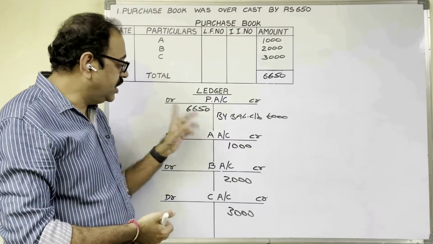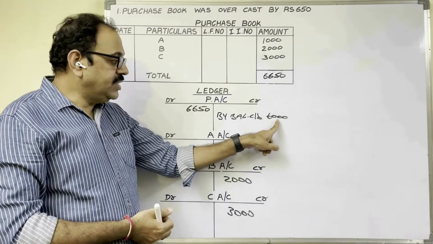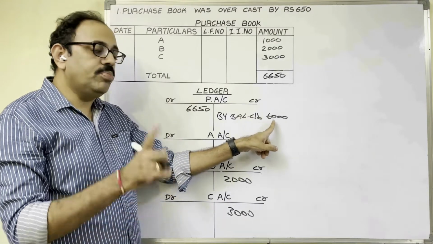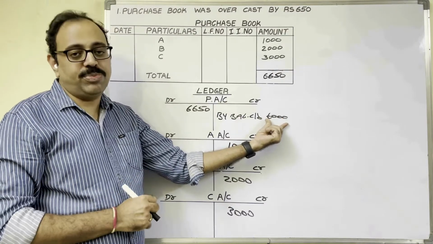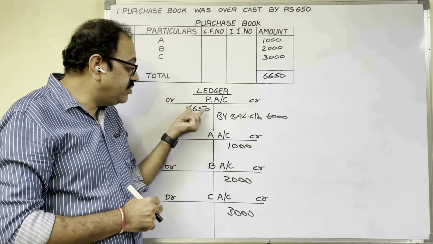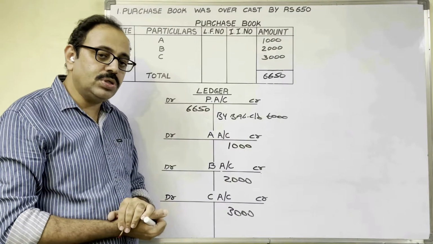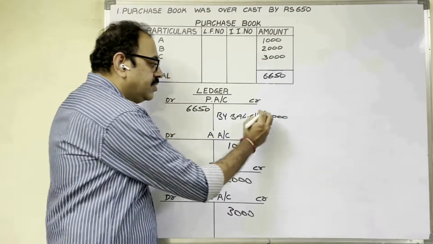First of all, see the amount. On the credit side, balance carried down should be 6,000. If we need 6,000 on the credit side as balance, then this is 650 rupees. We said we should post it on the credit side.